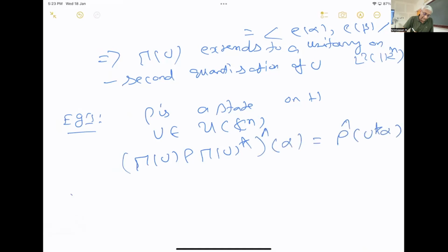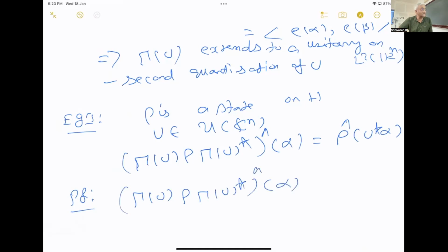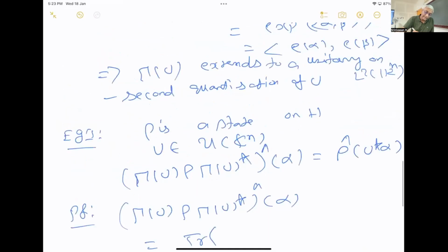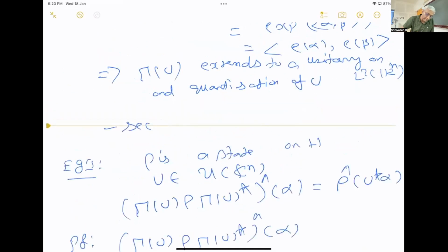That is clear. Let's write the proof. We want to compute the characteristic function of the new state, gamma of u rho gamma of u star, at alpha, which is nothing but the trace of... I should have said it here. This gamma of u satisfies this property.